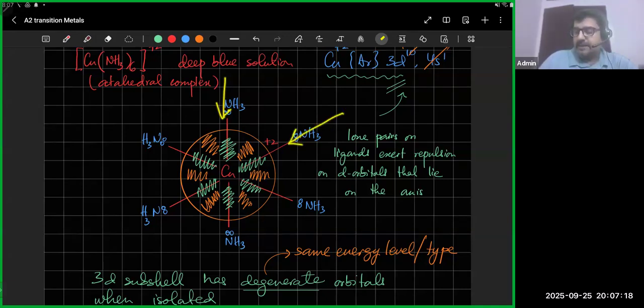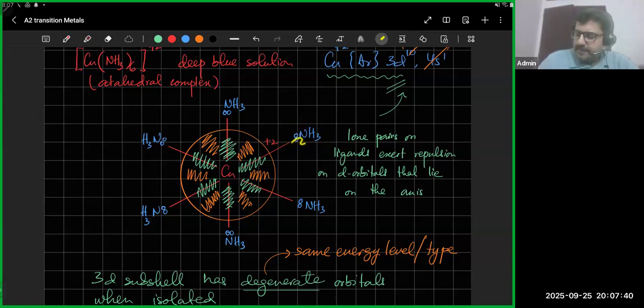All these lone pairs, the negative charge on those lone pairs, they're all coming on the axis. And nothing else is happening. There's just a dative bond getting formed. Ammonia is just sticking to this copper ion over here.